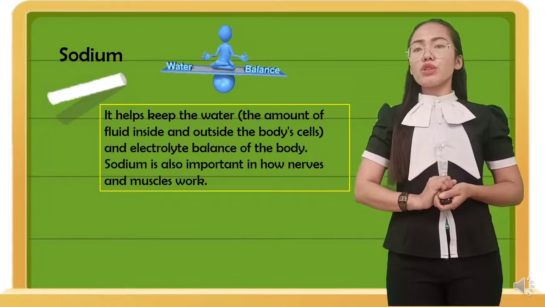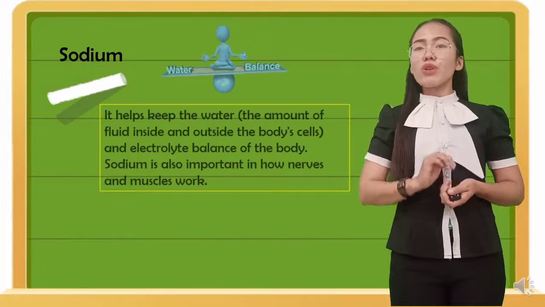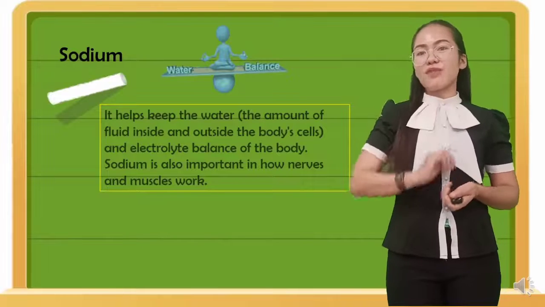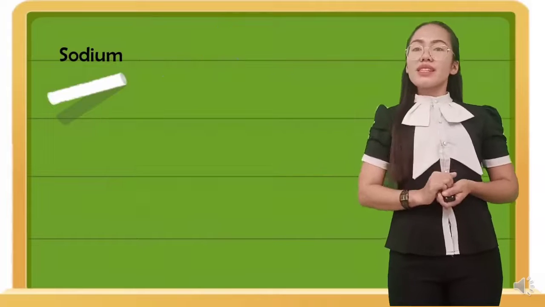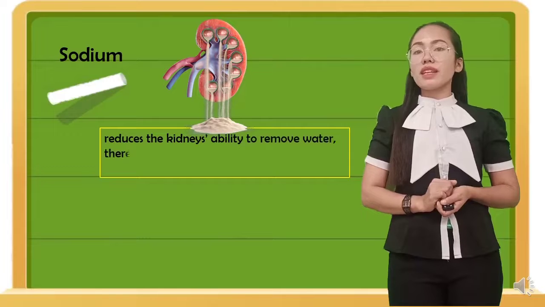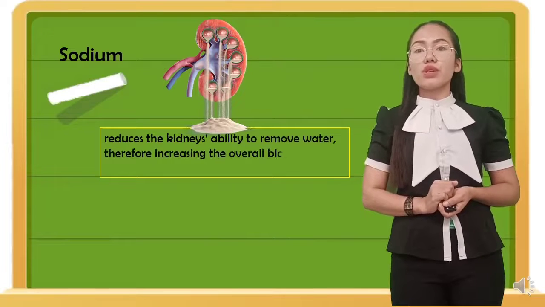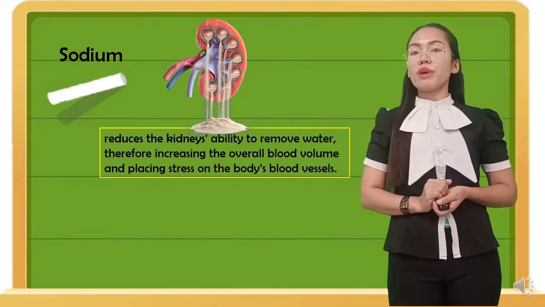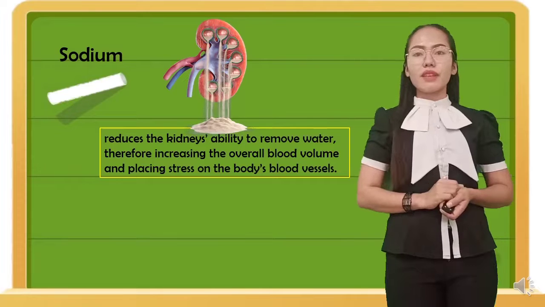If there is too much sodium in the body, what do you think will happen to our body? Yes, very good. The increased amount of sodium in the bloodstream reduces the kidney's ability to remove water, therefore increasing the overall blood volume and placing stress in the body's blood vessels.